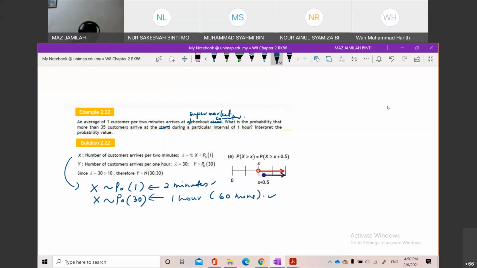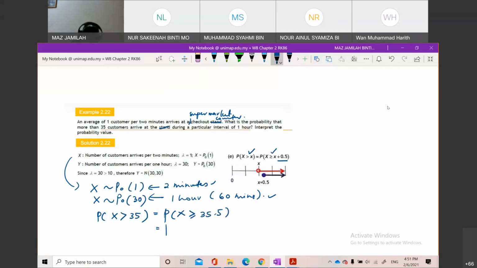Okay. Now, what is the probability of more than 35? So P(X > 35). Greater than becomes greater than or equal to plus 1, so this becomes P(X >= 35.1).